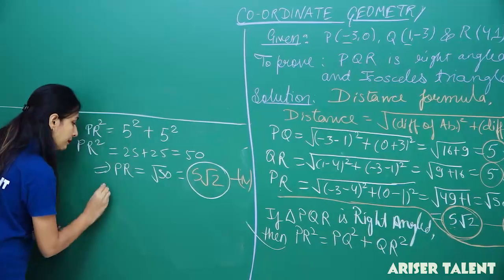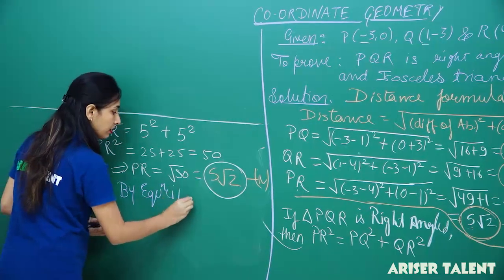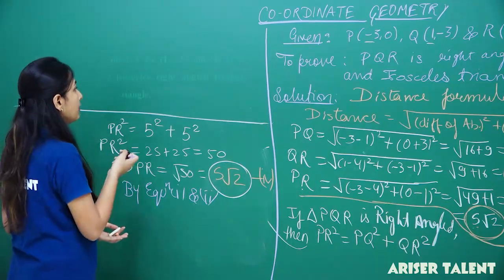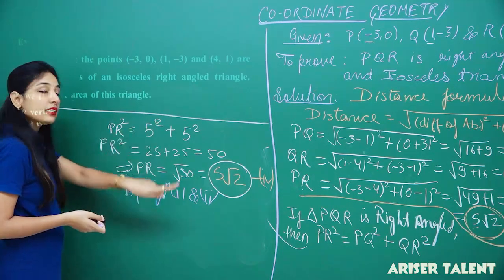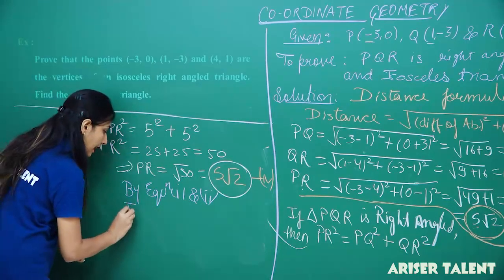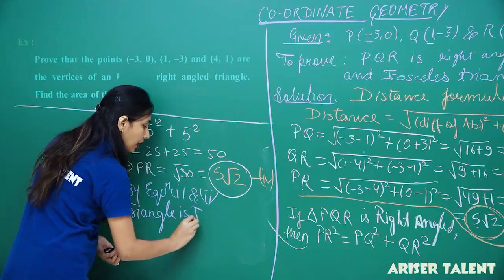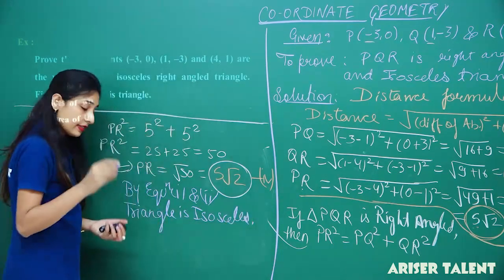So students, by equation 1 and 2, two sides are equal, so the triangle is isosceles. That's the first thing.